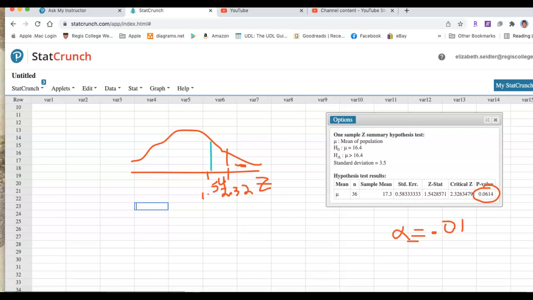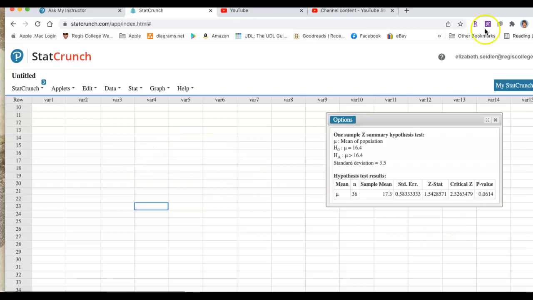The 0.06 area, this is exaggerated, would be all of this in the tail, right? And the 0.01 is just this area here. Okay, so we do not reject the null hypothesis in favor of the alternative hypothesis.